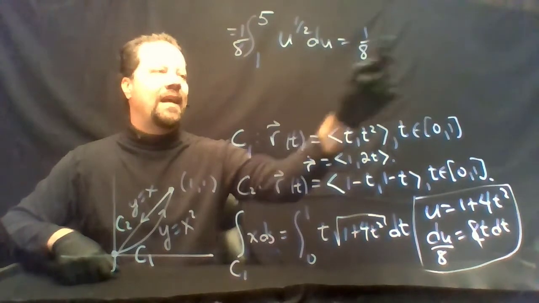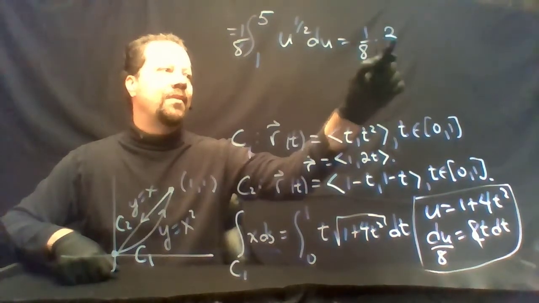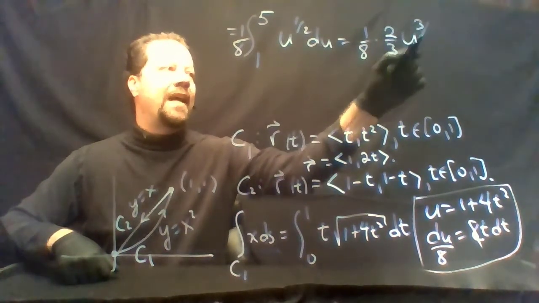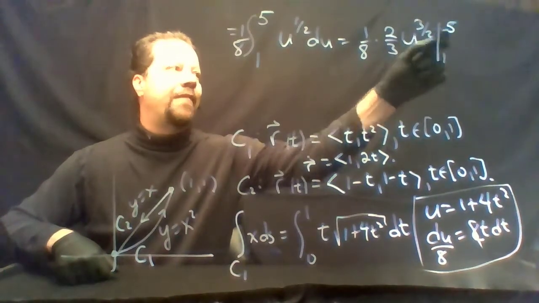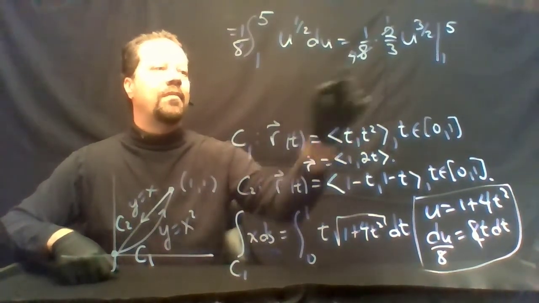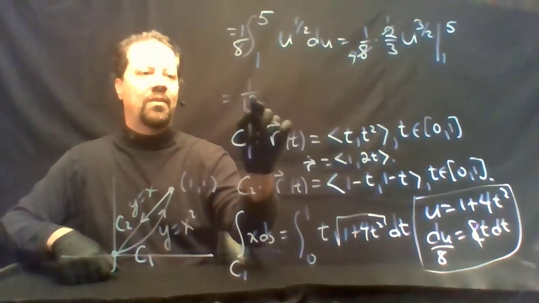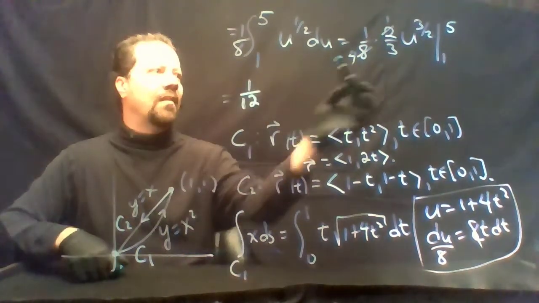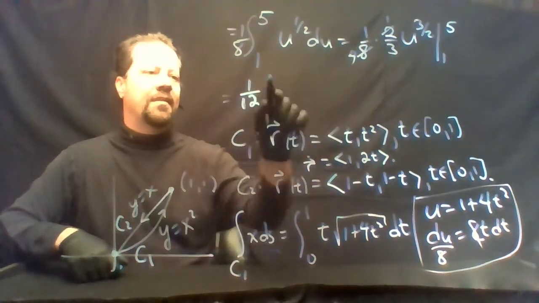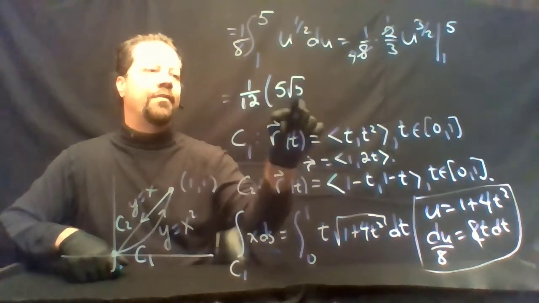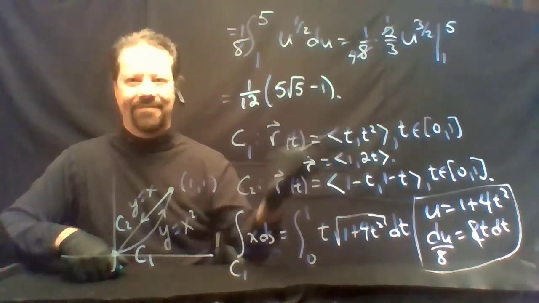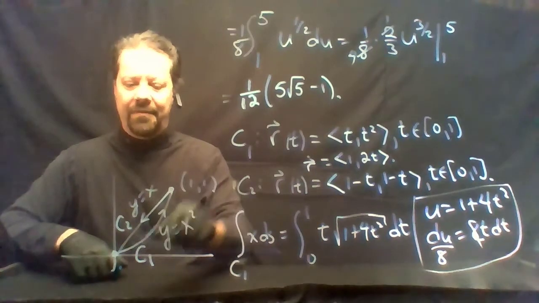This gives us 1/8 times 2/3 u to the 3/2 evaluated from 1 to 5, or 1/12 times 5√5 minus 1. That's the integral on the first piece.